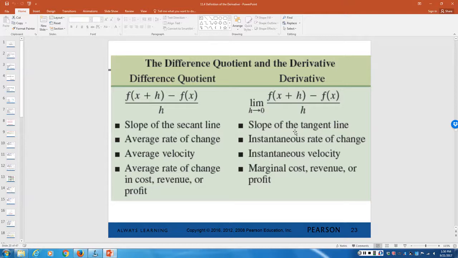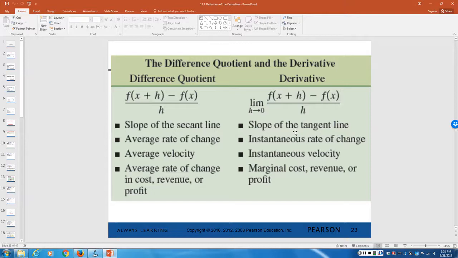So you have 2 points, even though they're really close together, because h is only a very small number. But that's the slope of a secant line. That gives you what's called the average rate of change. It gives you average velocity if you're talking about traveling through time.